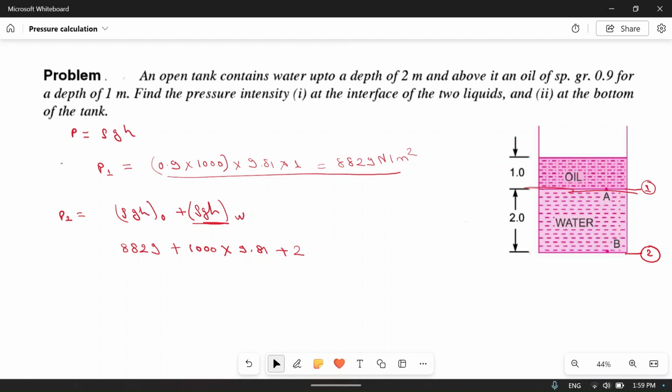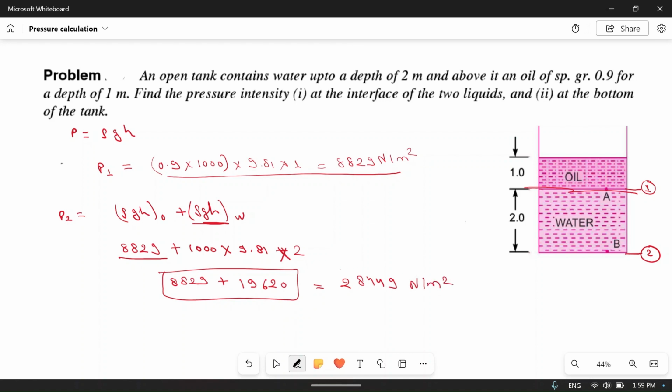If you calculate this multiplication, you will get 19620. You have to add these two, then you will get 28449 Newton per meter square. So this much will be the pressure at the bottom of the tank.